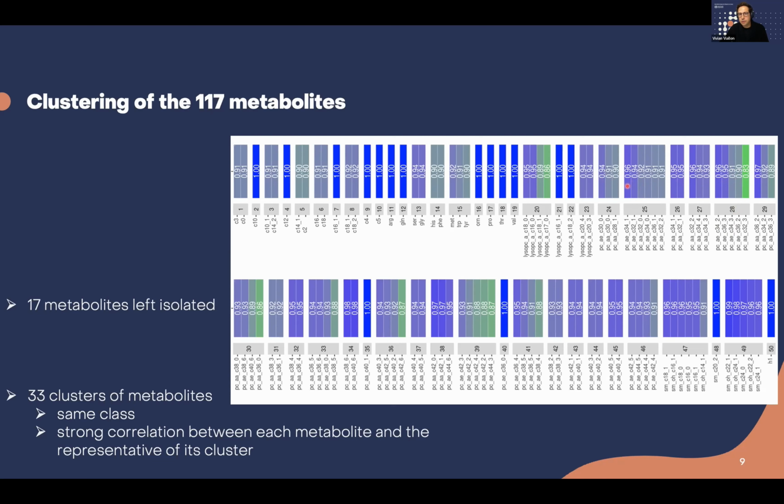This is reassuring, because it suggests that, from a purely statistical point of view, the cluster representatives and the metabolites that comprise that cluster are, loosely speaking, indistinguishable, and so it's fine to work with the cluster representatives rather than the original metabolites.